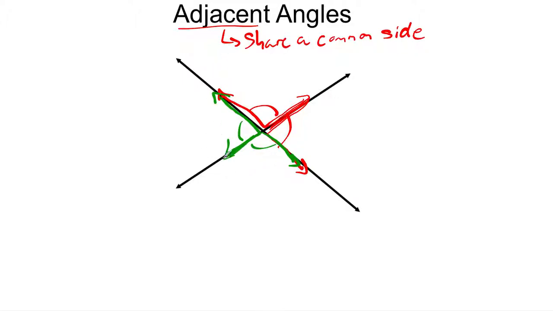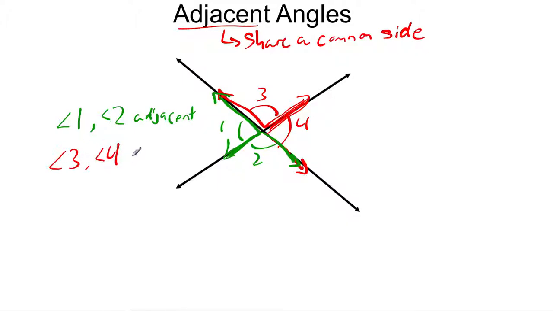So these two are adjacent angles. So we could say this is 1 and 2. Angles 1 and 2 are adjacent, as well as angles 3 and 4. Angle 3 and angle 4 are also adjacent.